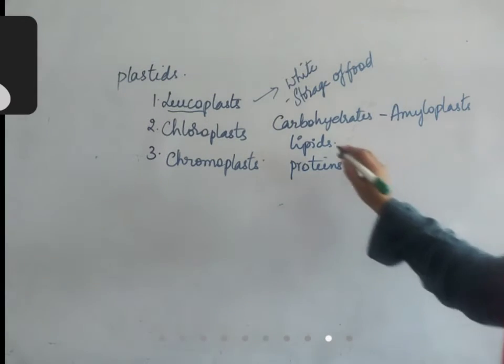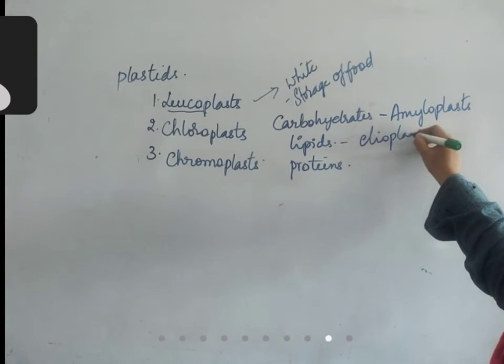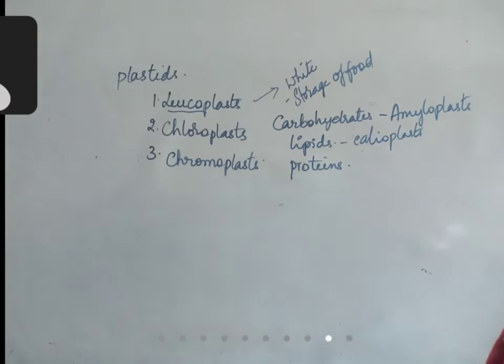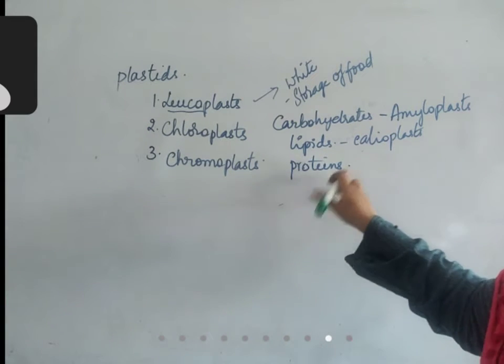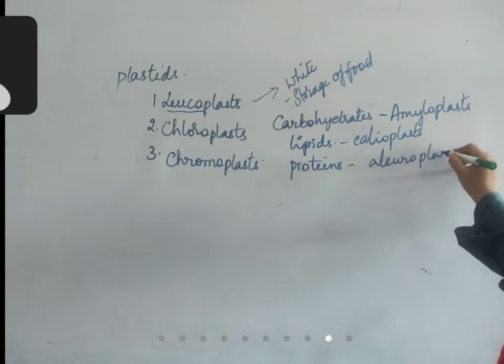Those which store lipids are called elaioplasts. Those which store proteins are called aleuroplasts.